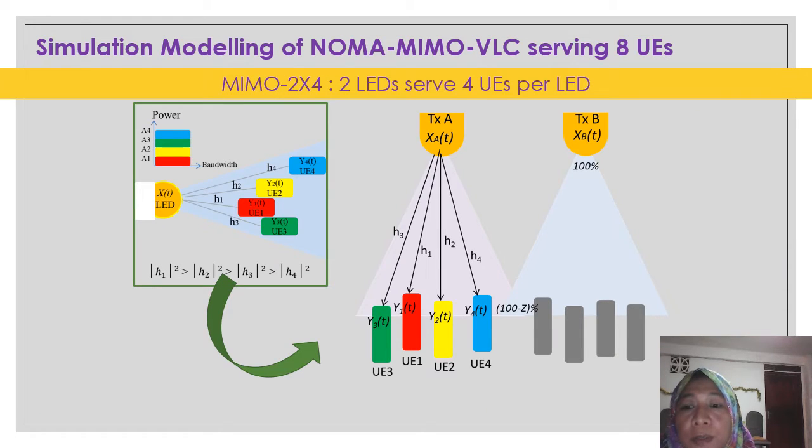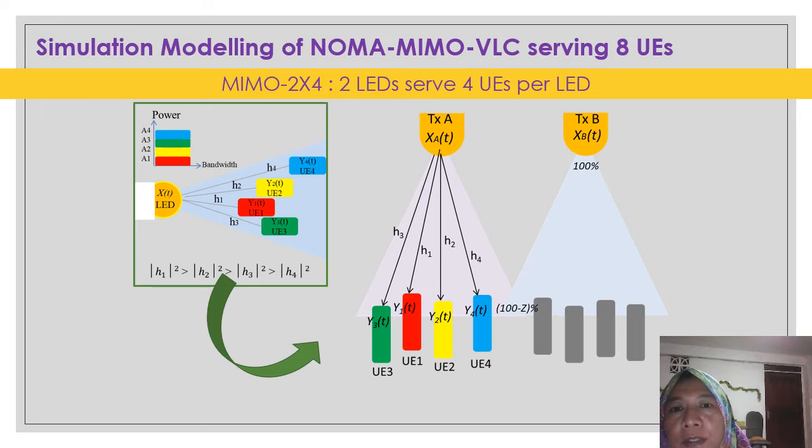So in this research work, to model a VLC network serving 8 users in total, a MIMO network is used with configuration 2 by 4, meaning there are 2 LEDs, TXA and TXB, each TX serving 4 users, UE1 until UE4.